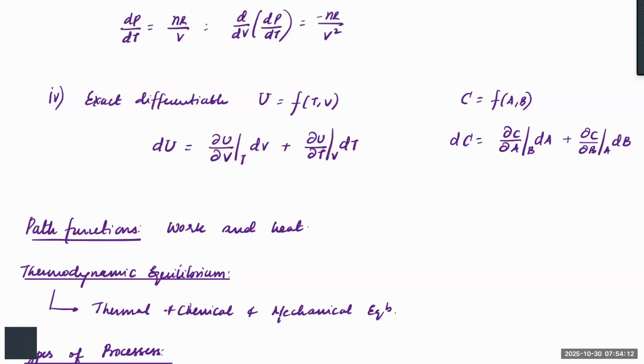This is a way we should be able to represent. In fact, if you have a state function c and it is in terms of a function a and b, then this is the way we can write it down. If you are able to write anything this way, it is called a state function.